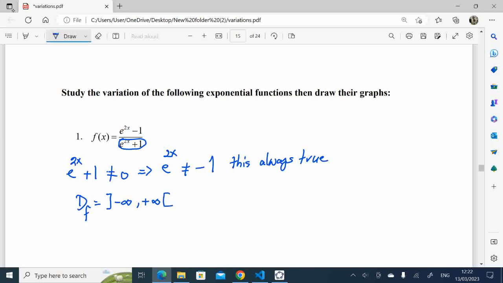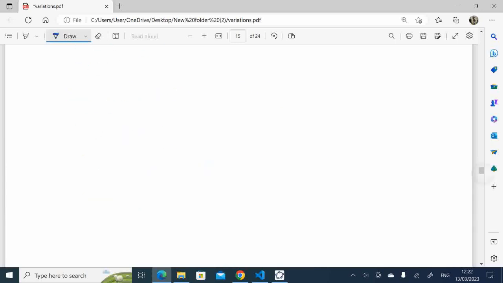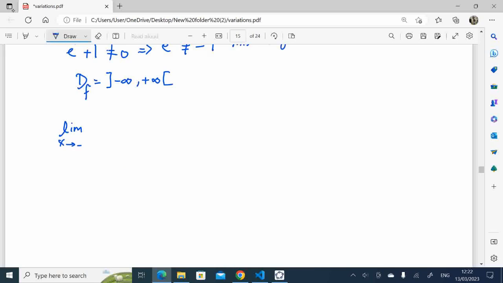The next step is to determine the limit at the boundary of the domain. So here we have to find the limit as x approaches minus infinity of f(x), which is the limit of (e^x − 1)/(e^x + 1).